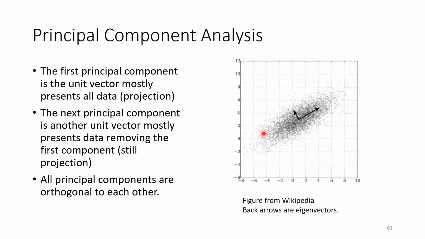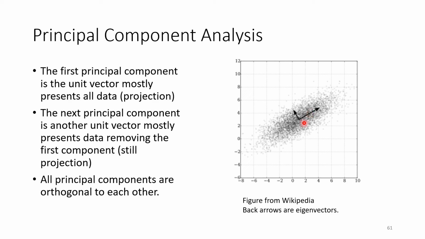Given a set of training data with a certain distribution, we can find a line which can mostly represent those data, and it is called the first principal component. In this example, it is this line or this direction.